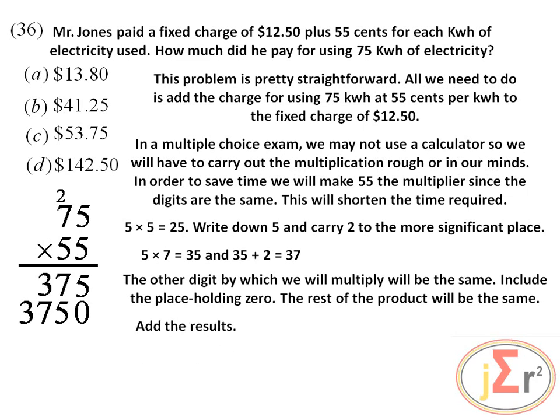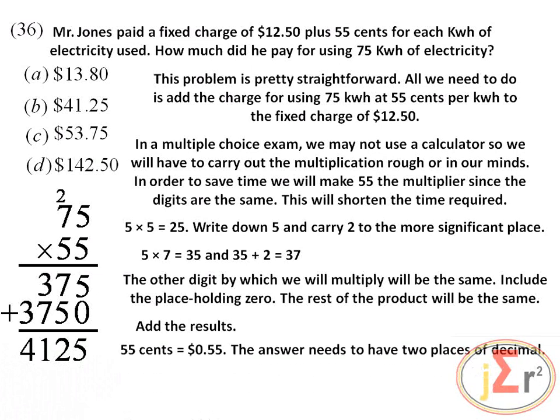We need to add the results. And what do we get? 4,125. Do not forget that the 55 that we multiplied by was actually 55 cents, which is 0.55 of a dollar.